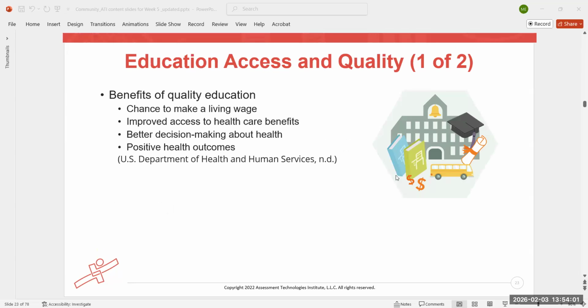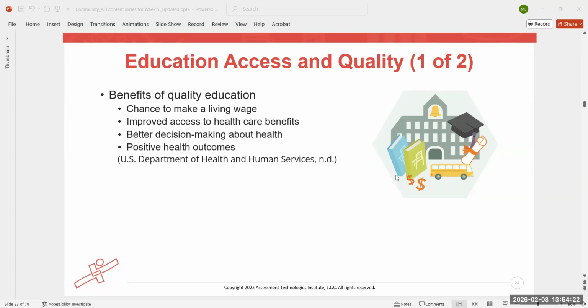Next, we have education, access, and quality. This is specifically going to look at individuals who do receive quality education. They have a higher chance of making a livable wage.